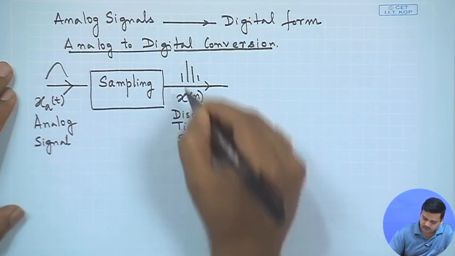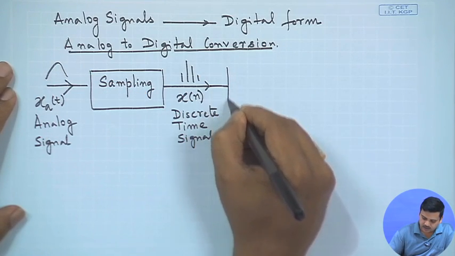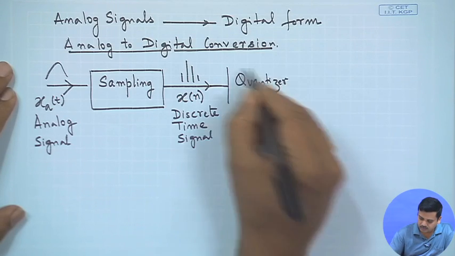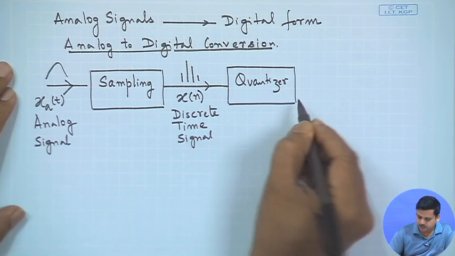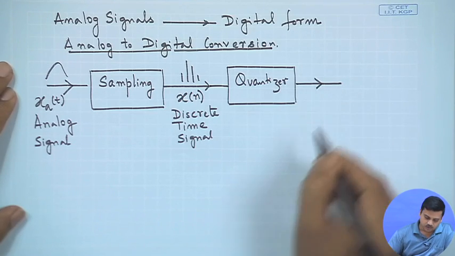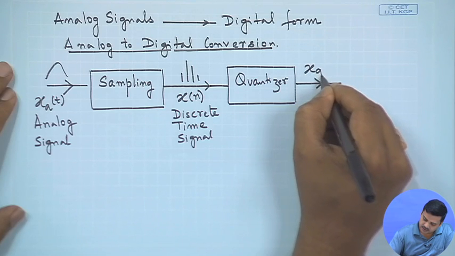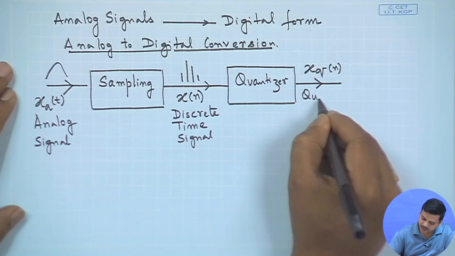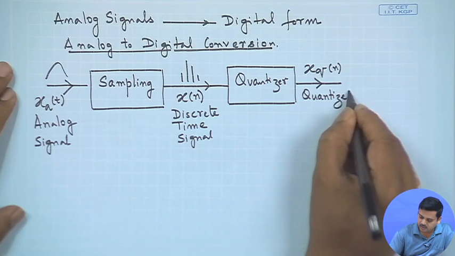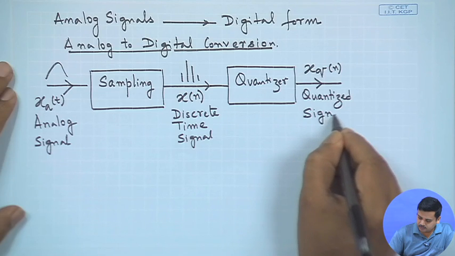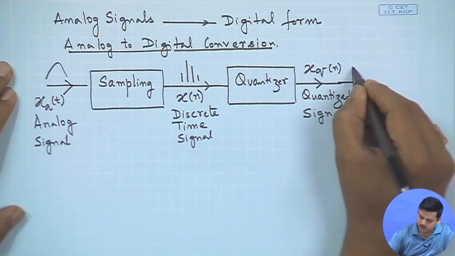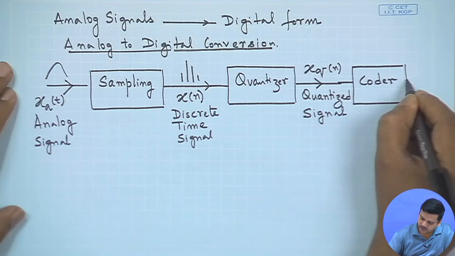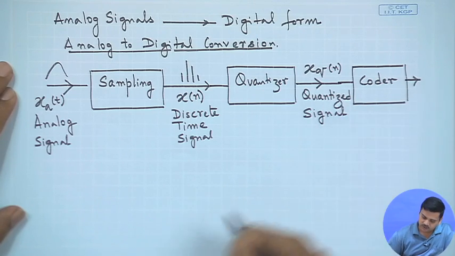Then we would have a quantizer, which we will see in the later discussion. At the output of the quantizer we have x q of n, where q represents quantized, so you have the quantized signal, and this quantized signal is then passed to the coder or the encoder, which converts it to the digital signal.